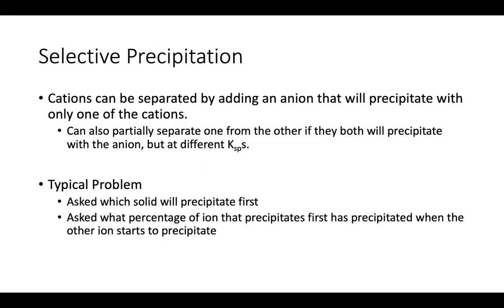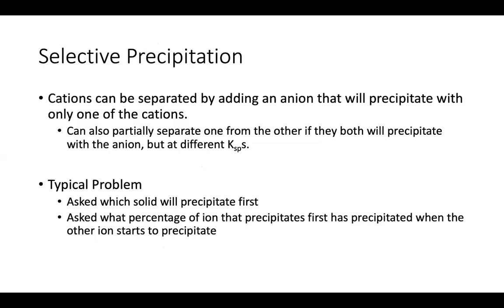So basically in this circumstance, there will be several different cations, or it could be anions as well, but typically it's cations, so ions with a positive charge. And they can form solids with the same anion.